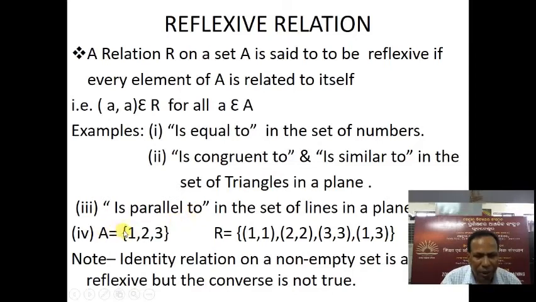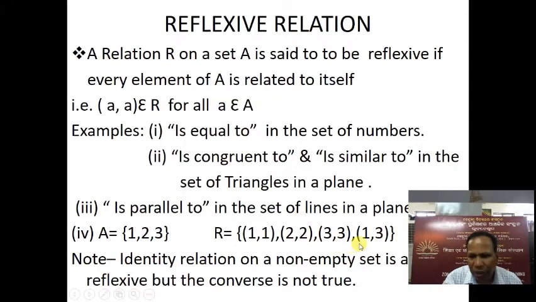Now let us take a numerical example. Set A contains the elements 1, 2 and 3. Now consider the relation consisting of the elements (1, 1), (2, 2), (3, 3) and (1, 3). So there are 4 elements. Now we find that (1, 1) is present, (2, 2) is present, (3, 3) is present.